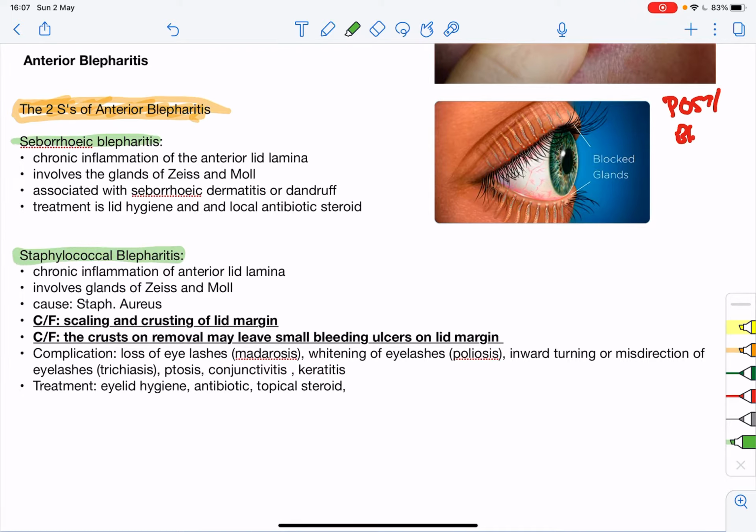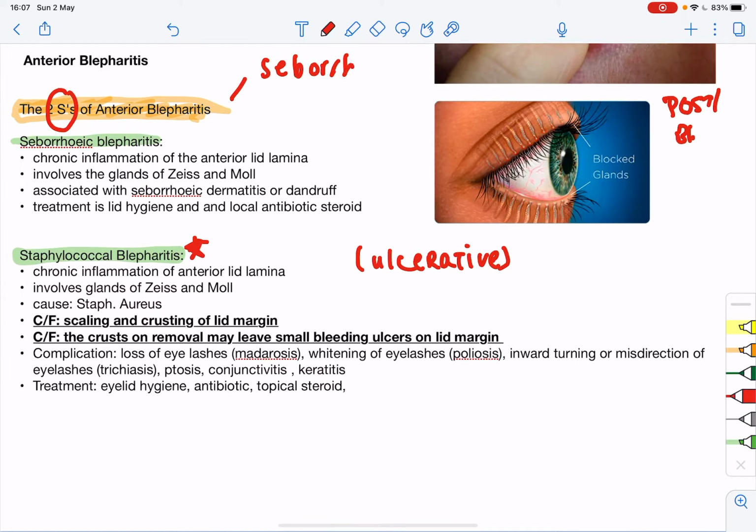However, the presentations are similar. There's something specific about the staphylococcal type, which is to do with ulcers and the ulcerative type, but I'll come into that next. Just remember, there's two S's of anterior blepharitis, and those S's are seborrheic as well as staphylococcal.